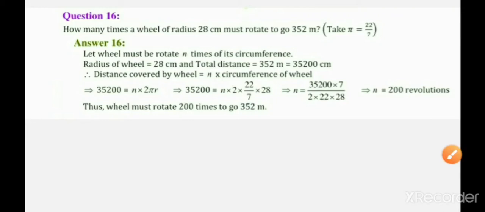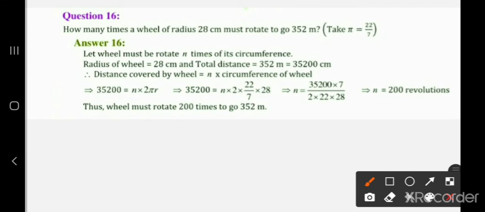Children, 16th question. How many times must a wheel of radius 28 centimeter rotate to go 352 meter? Take pi value as 22/7. So this is the wheel.